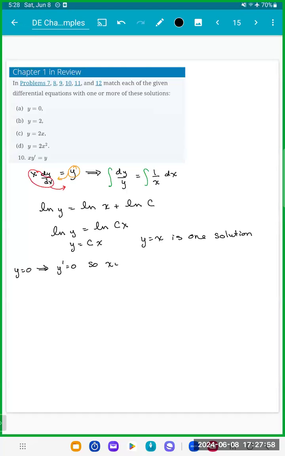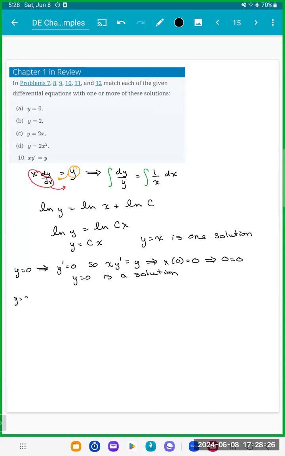So x y prime equals y, that was then x times 0 equals 0, which it does. 0 equals 0. So y equals 0 is a solution. But it didn't say there was only one. There could be more than one. So we actually have to test all 4 of them.